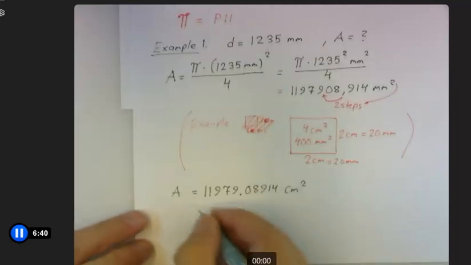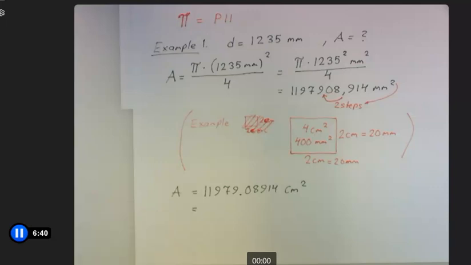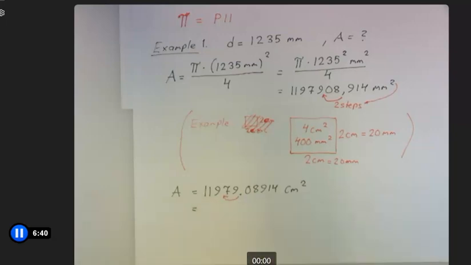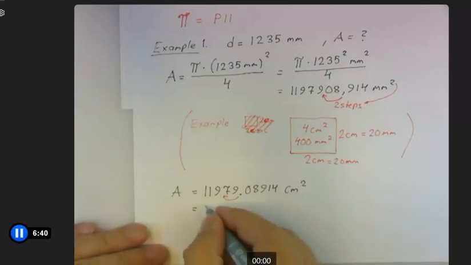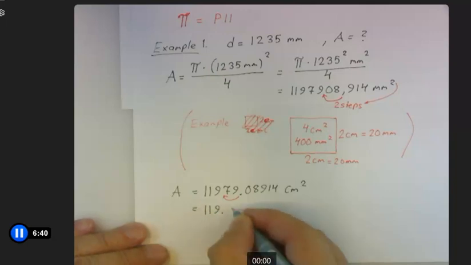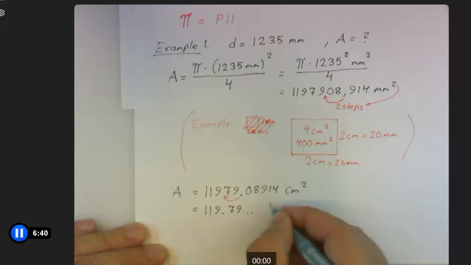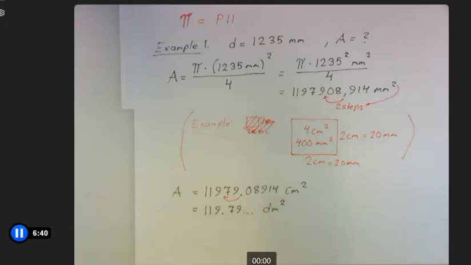And if we continue those unit conversions, the next step would be square decimeters, and again 2 steps. .119.79, etc. Square decimeters.